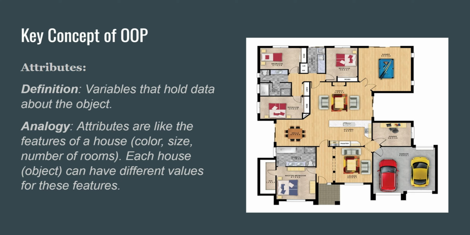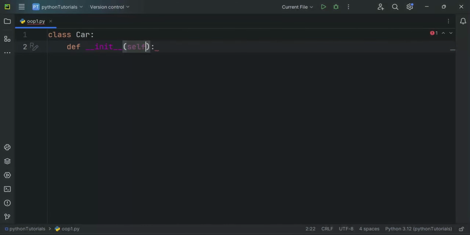Attributes, variables that hold data about the object. Attributes are like the features of a house, color, size, number of rooms. Each house object can have different values for these features. Inside the parameters, let's add two more parameters, say color and model, like this.